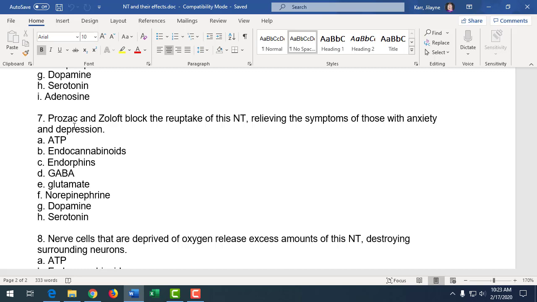What is it? Serotonin, serotonin. You might see on different drug labels, they talk about SSRIs, selective serotonin reuptake inhibitors. So that's what Zoloft and Prozac are, they prevent the reuptake of serotonin back into the axon terminals of where they're released.